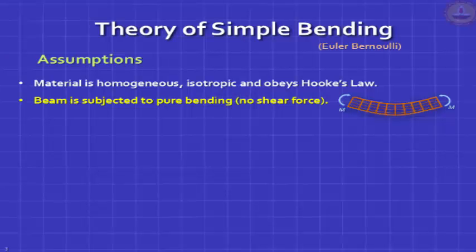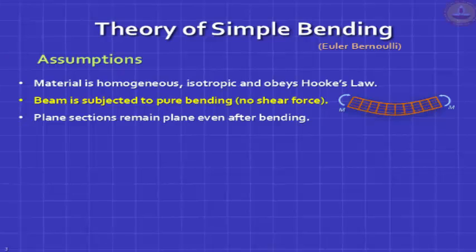The second assumption is that the beam is subjected to pure bending. And this we saw in the last class. You get pure bending when there is only bending moment, there is no shear force. It is in such situations that plane sections remain plane.